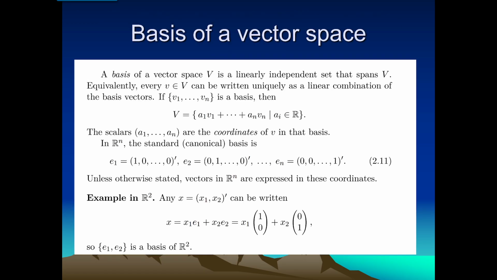Now, you have particular vectors that are called basis vectors, that are independent, and the basis is a set of vectors which is linearly independent. And for example, in 2 dimensions, if you start from these two vectors, 1, 0 and 0, 1, you can obtain any vector, right?